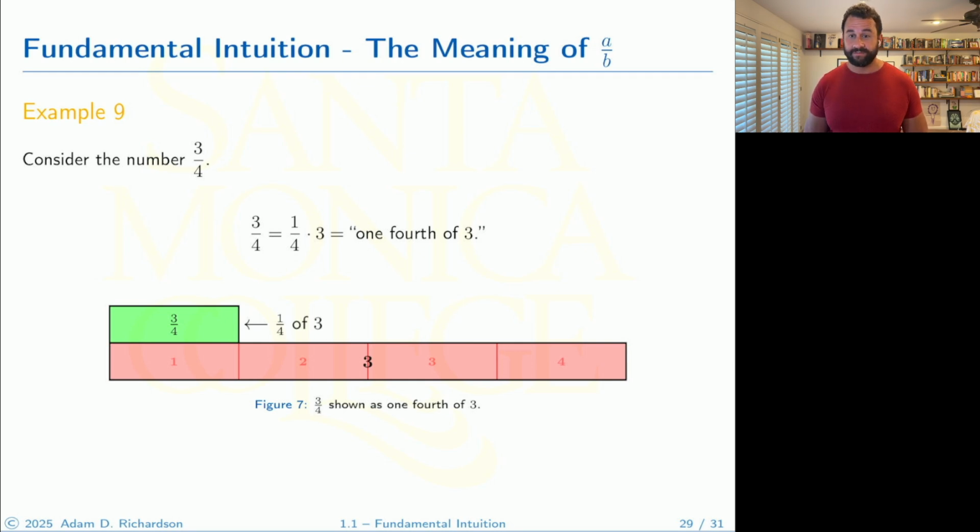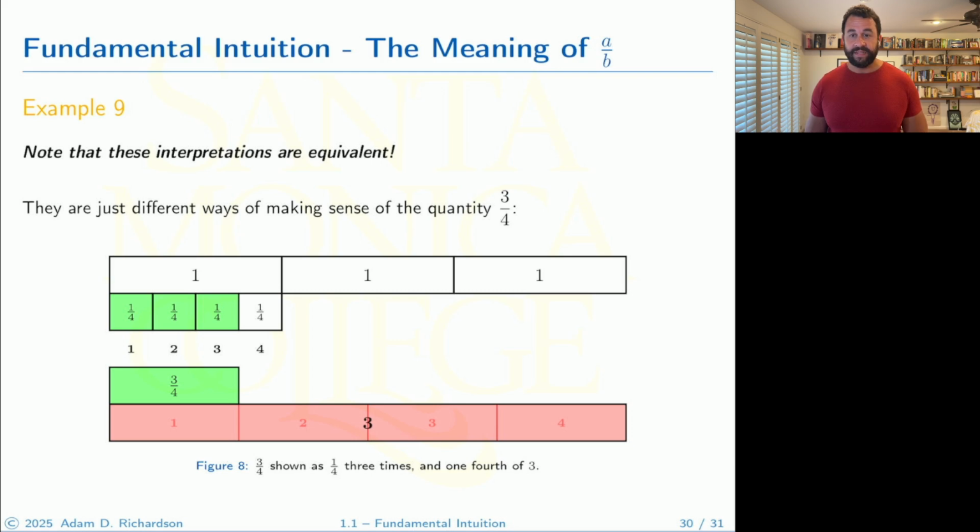Now check this out. The interpretations give you the equivalent result. They are the same. Here's where I drew the unit 1. Here's 3 of those units to make 3. I cut the unit into four equal sized pieces, 1/4, right? Here's one, two, three of those pieces. So this is 3/4.